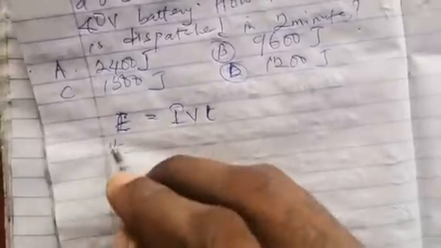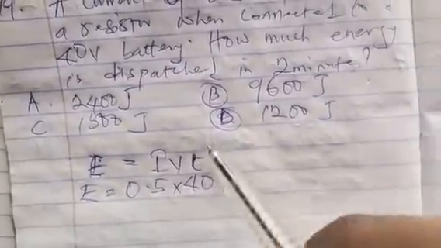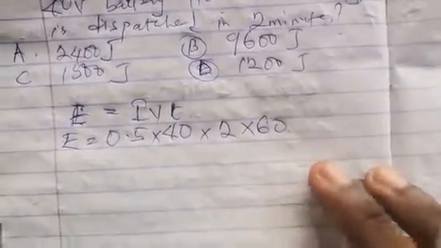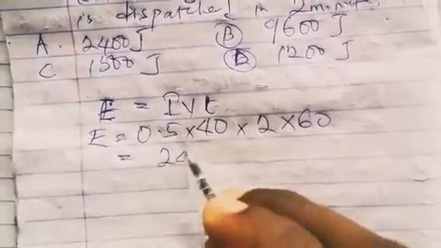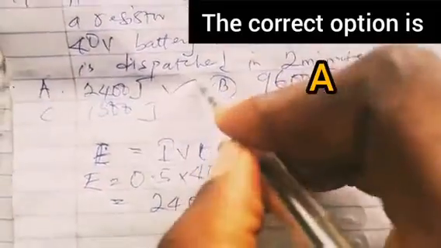So energy equals 0.5 times 40 volts times the time, which was given as 2 minutes. Time is usually measured in seconds, so 2 minutes is 2 times 60 seconds, which is 120 seconds. Multiplying all through, we get 2400 joules. So the correct option is option A, 2400 joules.